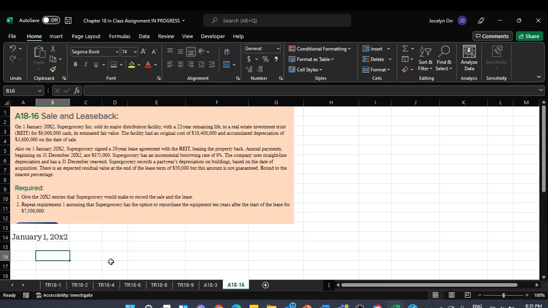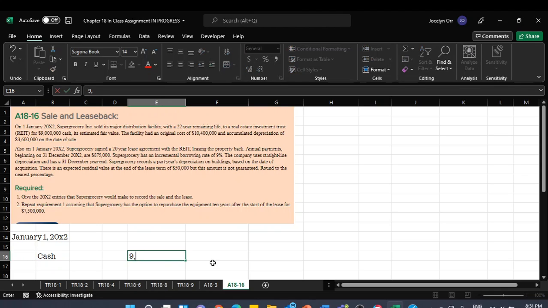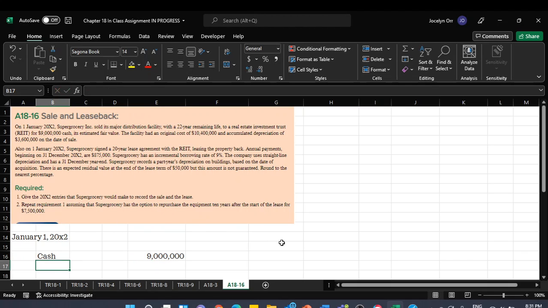So the very first thing that we can do is to record the cash that we're going to receive on the sale, right? We're selling this asset. We're receiving $9 million cash, which comes directly from the question. The next thing we can record when it comes to the sale is that we need to get rid of the original asset on our books, which includes getting rid of our accumulated depreciation.